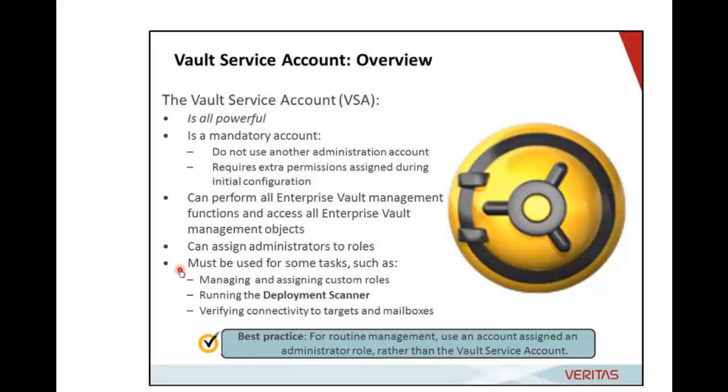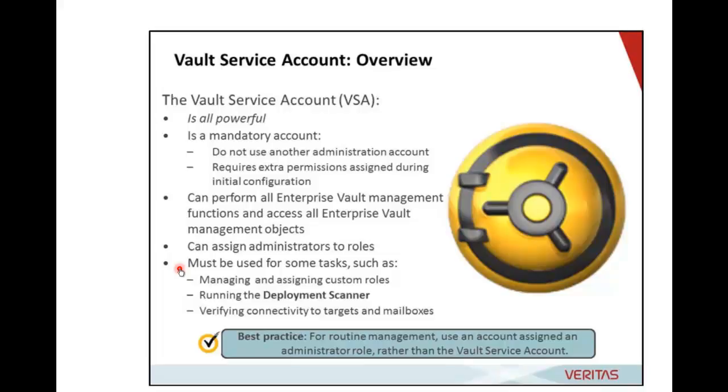The Vault Service account must also be a member of the local administrators group on each Enterprise Vault computer. It is used by Enterprise Vault processes to access the Windows Server operating system and is shared by all the Enterprise Vault computers in the Enterprise Vault directory.